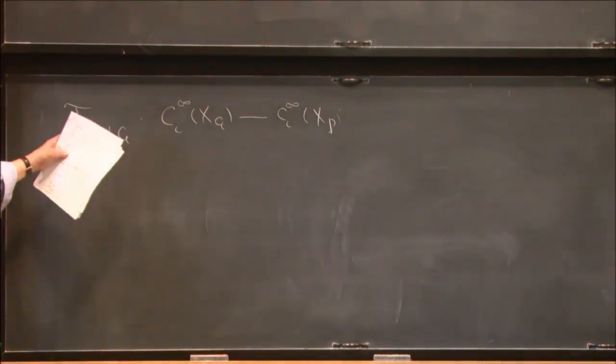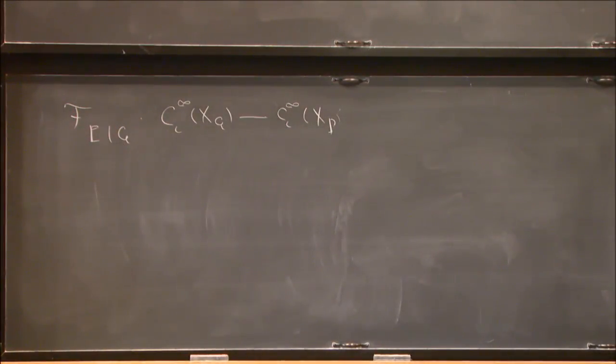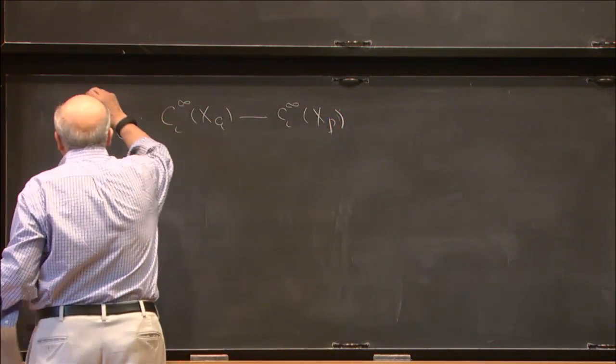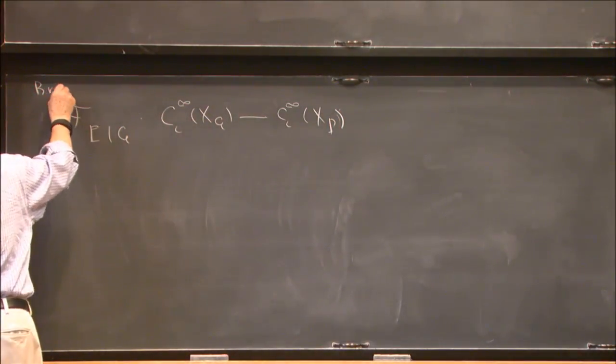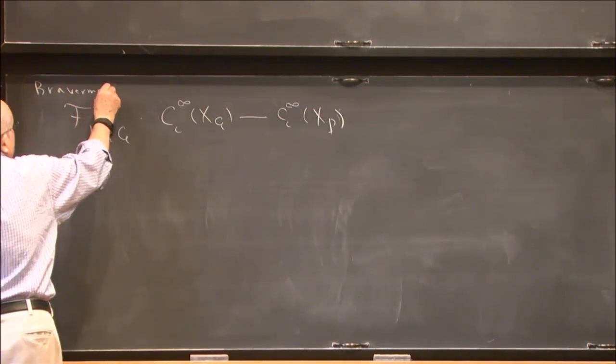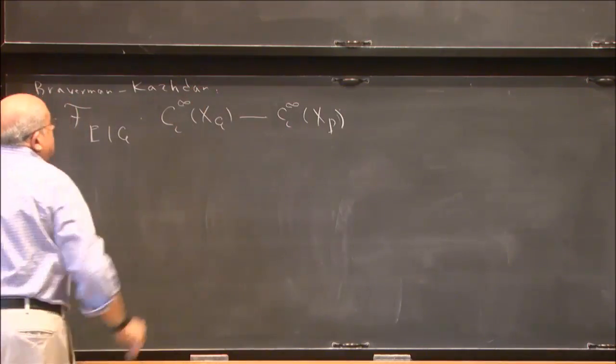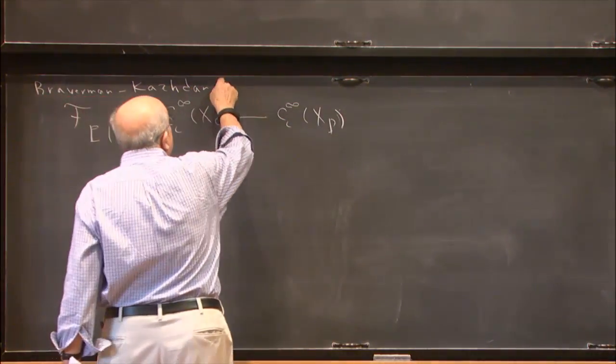Now these operators are defined by means of, first of all, the non-normalized operators. So I'm going to be using this paper of Braverman and Kazhdan, trying to understand what they're doing. This is on normalized intertwining operators.